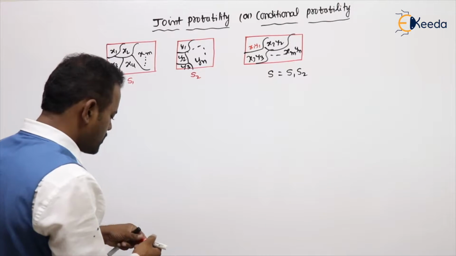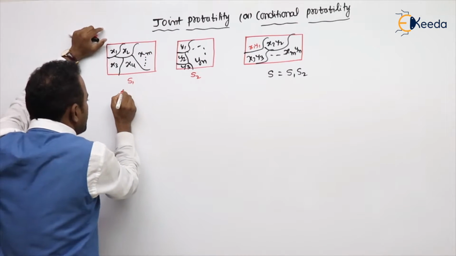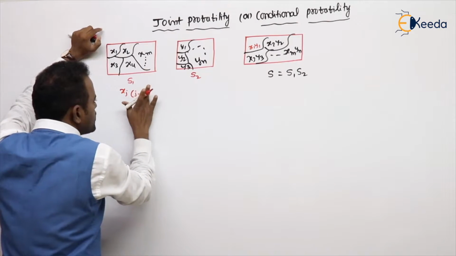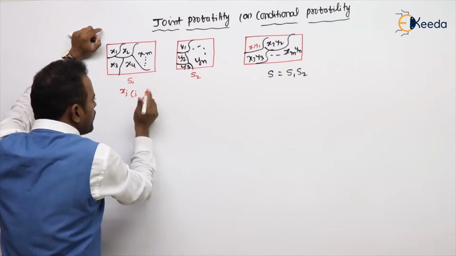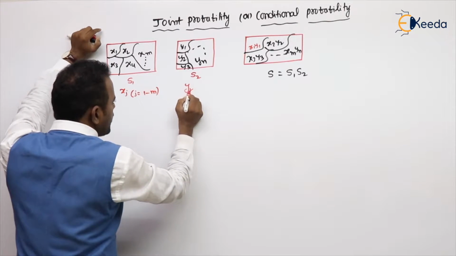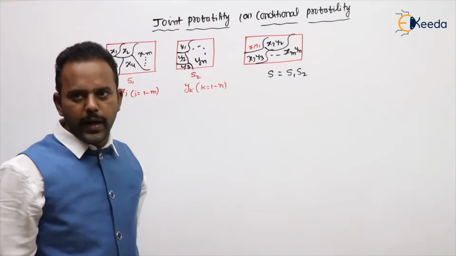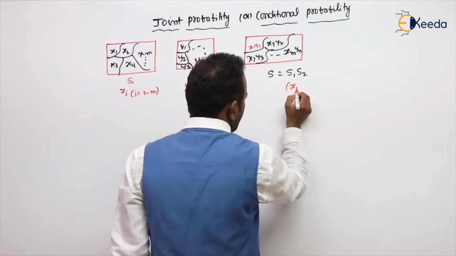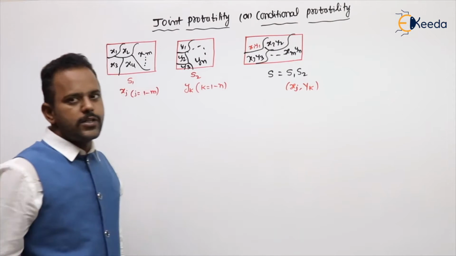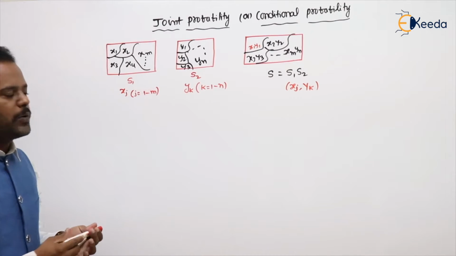Here you can also give the numbers. There are m symbols, so xj, where j is from 1 to m. Here you can call this yk, where k is from 1 to n. And that is their combined one. You can also call them xj comma yk, where j is from 1 to m and k is from 1 to n.